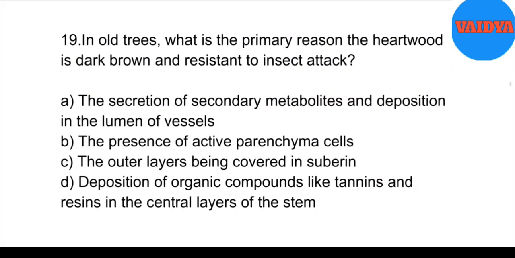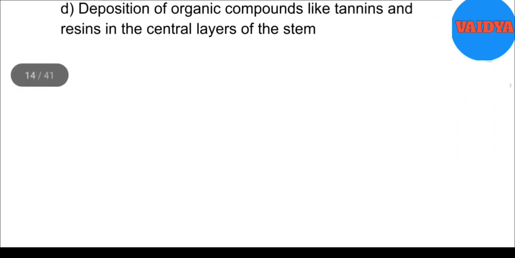19. In old trees, what is the primary reason the heartwood is dark brown and resistant to insect attack? A. The secretion of secondary metabolites and deposition in the lumen of vessels. B. The presence of active parenchyma cells. C. The outer layers being covered in suberin. D. Deposition of organic compounds like tannins and resins in the central layers of the stem. Answer.